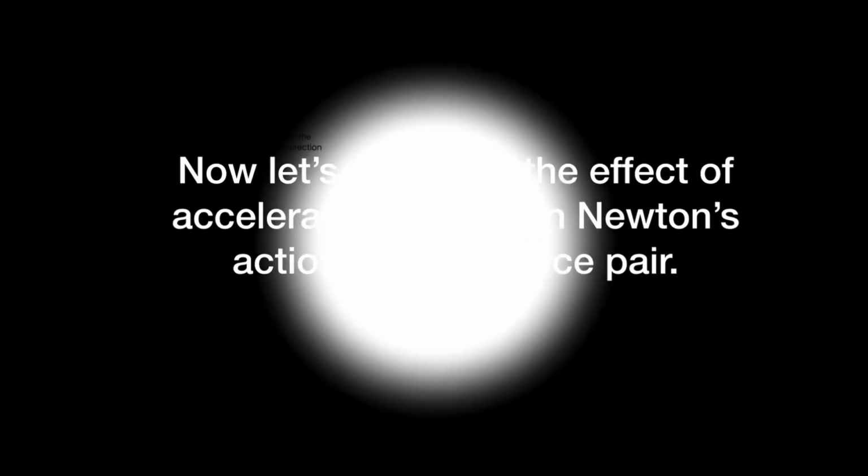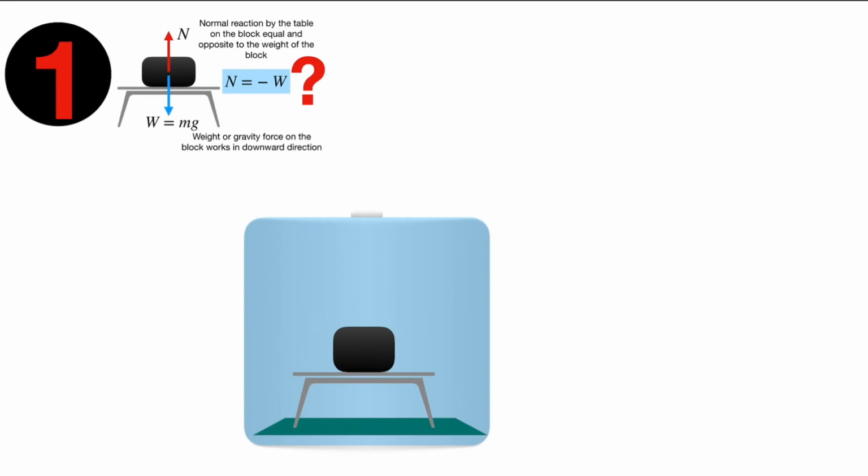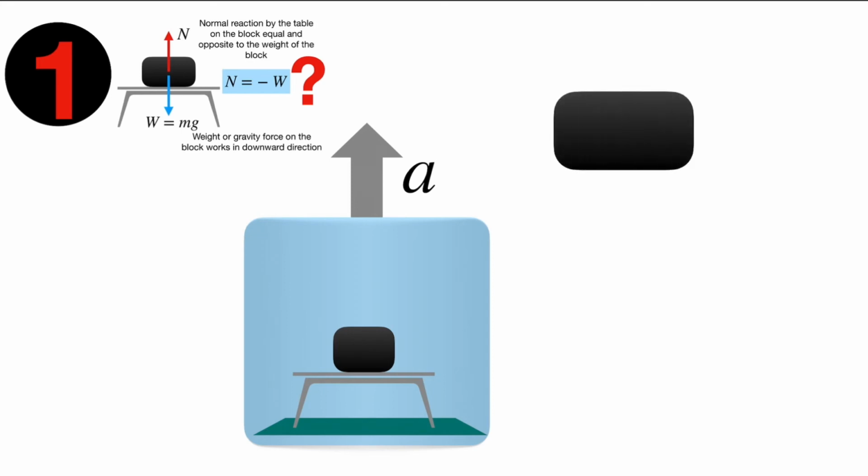Now let's check out the effect of accelerated motion on the action-reaction force pair. In example 1, let's assume the table and block are in an accelerated elevator, moving in the upward direction with acceleration a. So in this case, what are the forces working on the block?